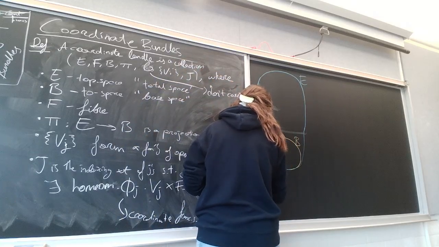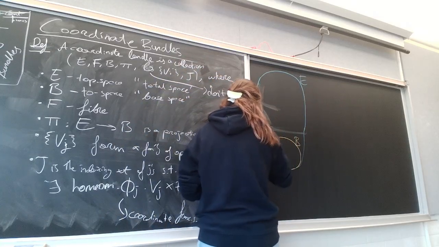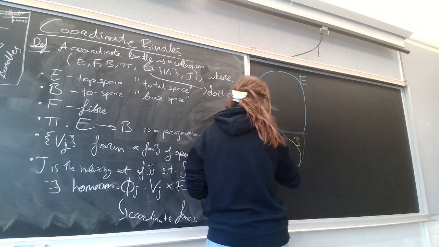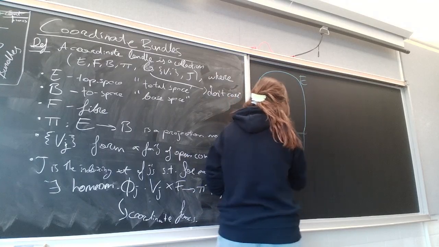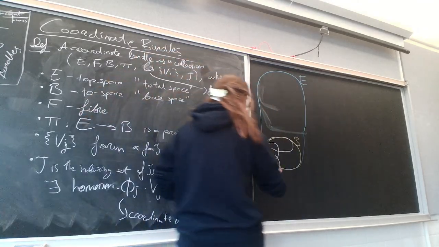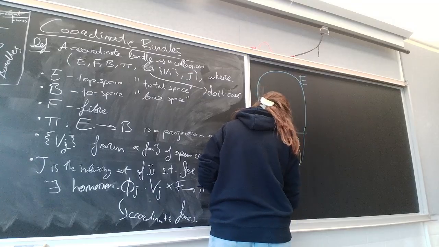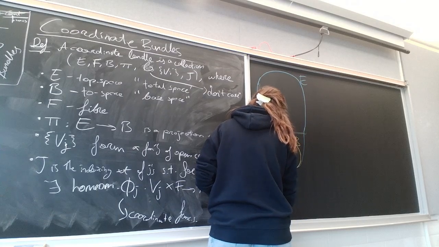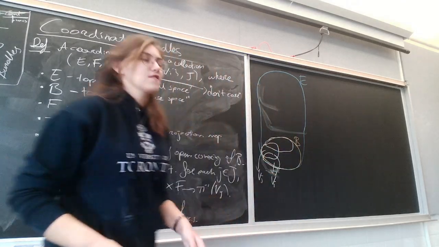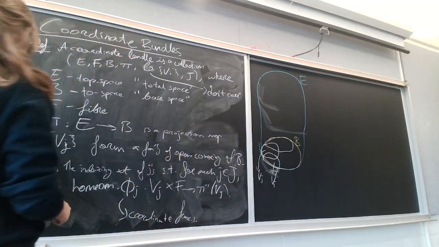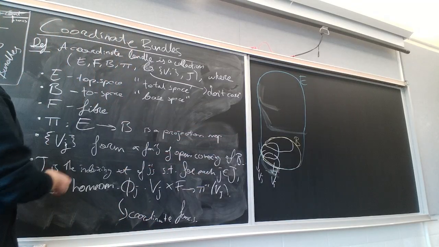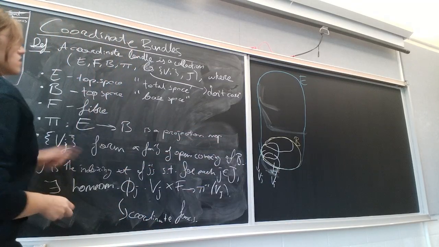Maybe not like this, but maybe here. Yes, that will be nicer. So these are just covering B. These are Vi, Vj, stuff like that. So they cover the base space. I didn't write P here.